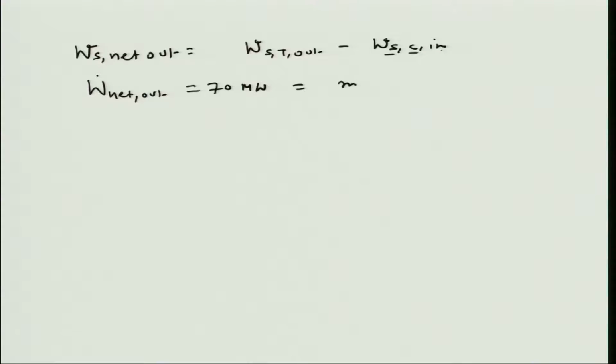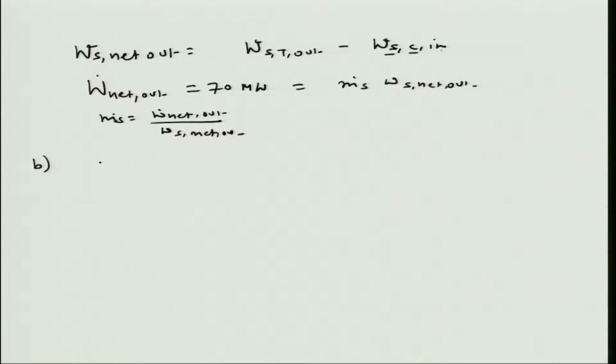This is going to be your mass flow rate multiplied by WS net out. From there we can calculate m as W dot net out divided by WS net out. So this is how we are going to calculate the mass flow rate.